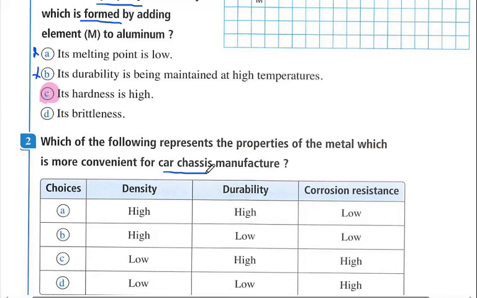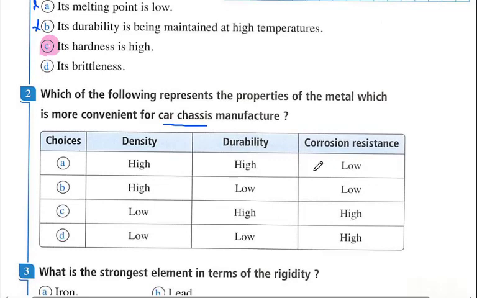Vanadium is used in car springs, engine, car hood, and car chassis. So in our curriculum, if you hear car in the economic importance, it is vanadium. Okay, so what is the characteristic of this metal? Its density, its durability, its corrosion resistance.